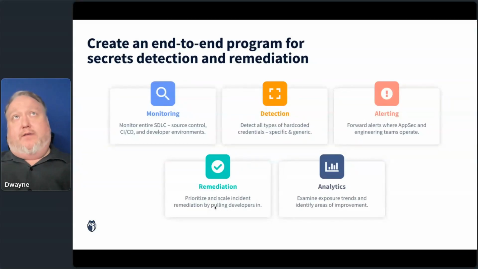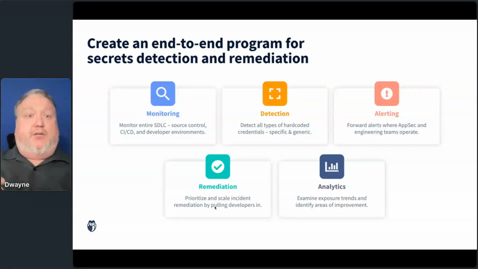To have a successful end-to-end program around secret detection and remediation, it's not just about monitoring. It's not just about the remediation. We see it in these 5 pieces. It is about monitoring everywhere throughout the software development lifecycle, not just when the code is originally pushed, not just when it gets to production, but every step along the way.